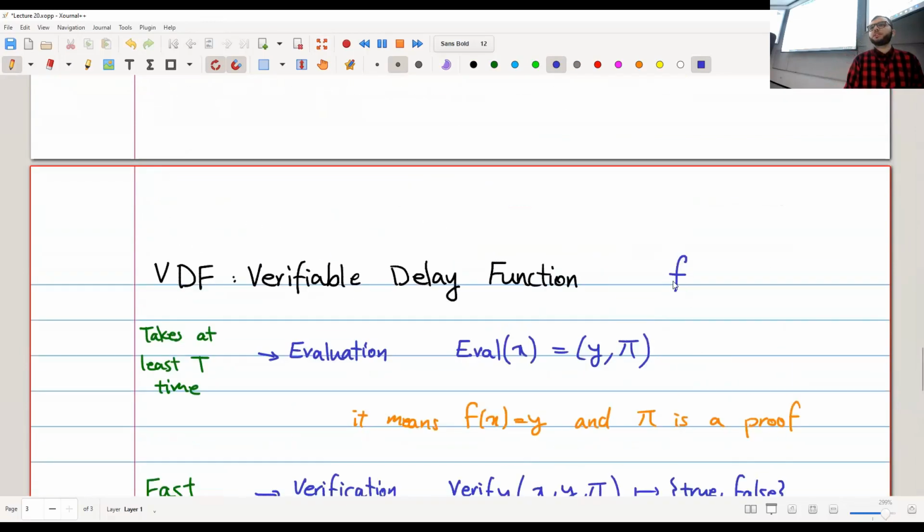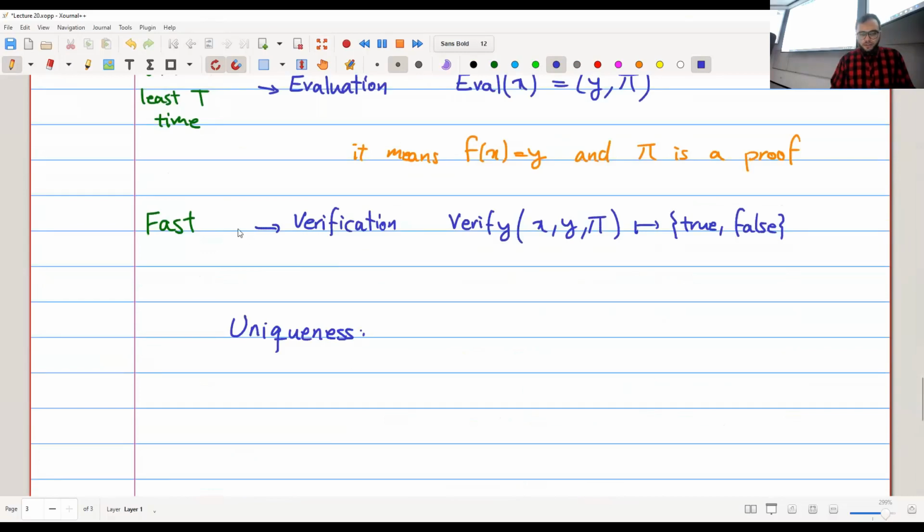So I want f to really be a function. I don't necessarily want it to be one-to-one. So I want to say for every x, there exists exactly one y for which there exists a proof p such that the verification passes. Verify of x, y, and p is true.